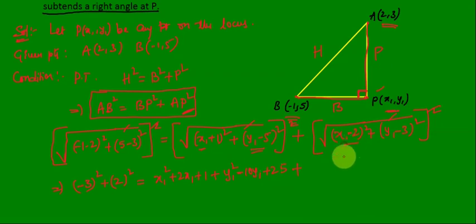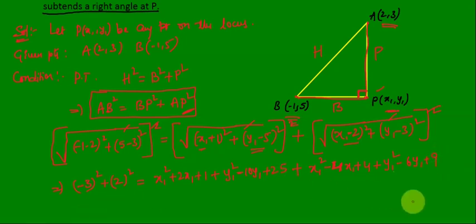Plus, so this is also in (a minus b) whole square format, so we'll expand this: x1 square minus 2ab, that is 4x1, plus 2 square is again 4. Then this is also in (a minus b) whole square format. Then we'll open this: x1 square plus y1 square minus 3 twos are 6y1 plus 9, right?